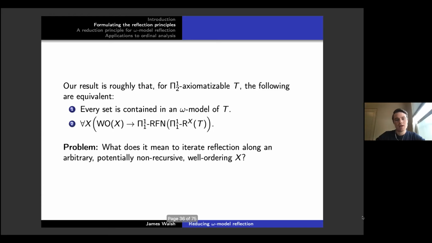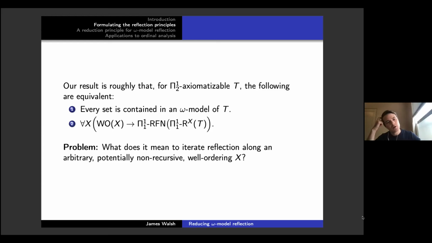Okay, but the principle as stated is actually not quite clear. So what does it mean to iterate reflection along an arbitrary, potentially non-recursive, well-ordering X? Before, we fixed an effective presentation of an ordinal, and then we defined the iterates up to that length. But now we're making claims about arbitrary iterations of reflection, and we have to say what that means.